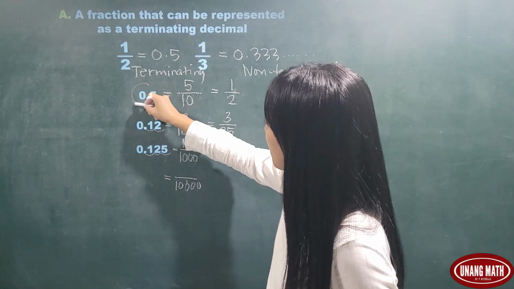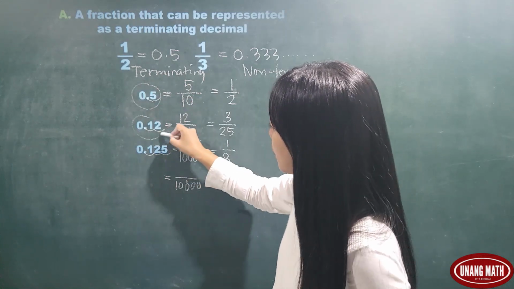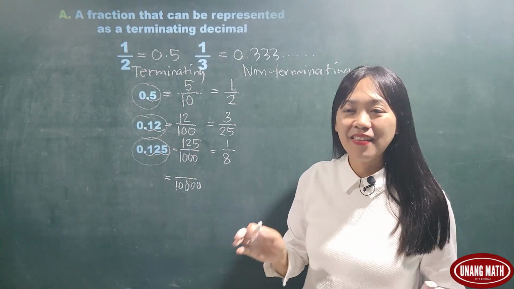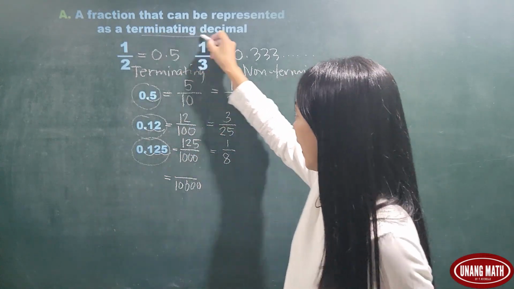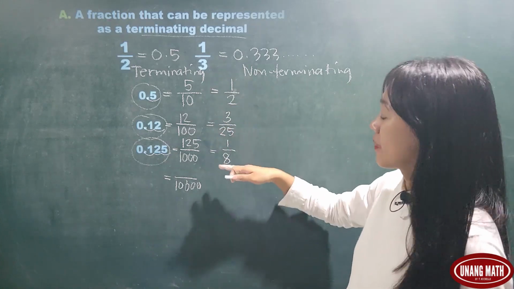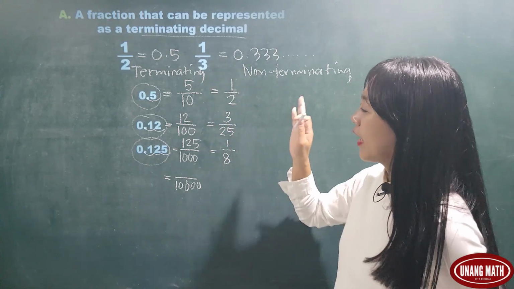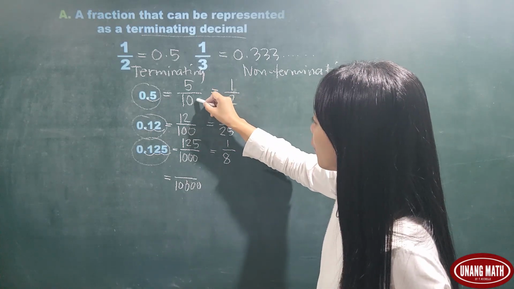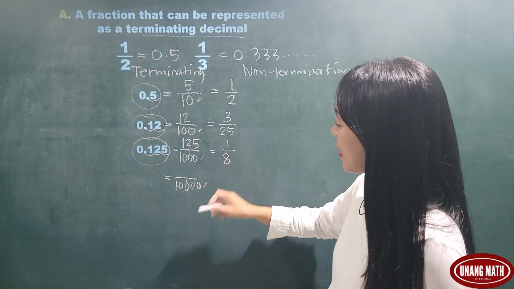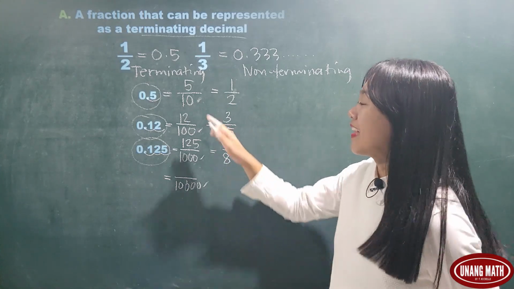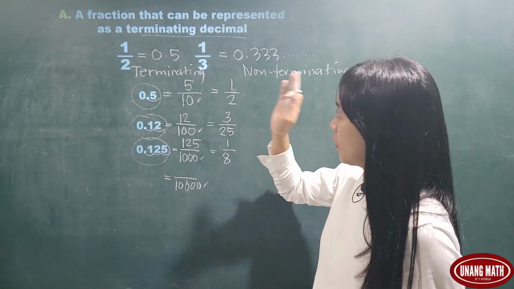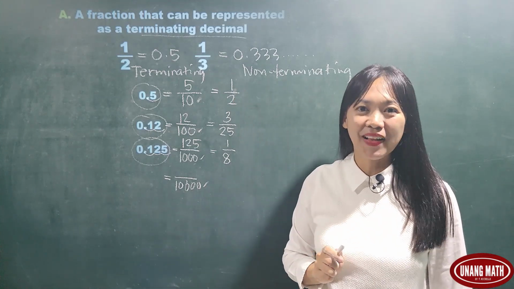Okay, these decimal numbers 0.5, 0.12, 0.125, these are all terminating decimals. And based on our explanation here, if the denominator of the fraction is 10, 100, 1000, 10,000, and so on, then that fraction can be converted to a terminating decimal.